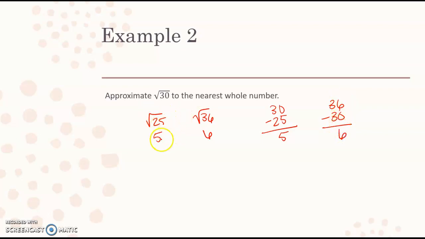So what that means is if I were to squeeze the square root of 30 in here, from here to here, there are 5, and from here to here, there's a difference of 6. We want the one it's closest to. Closest to would be the smallest number. That means we are at approximately 5. And that would be our whole number we round to. And that's all that we're doing.